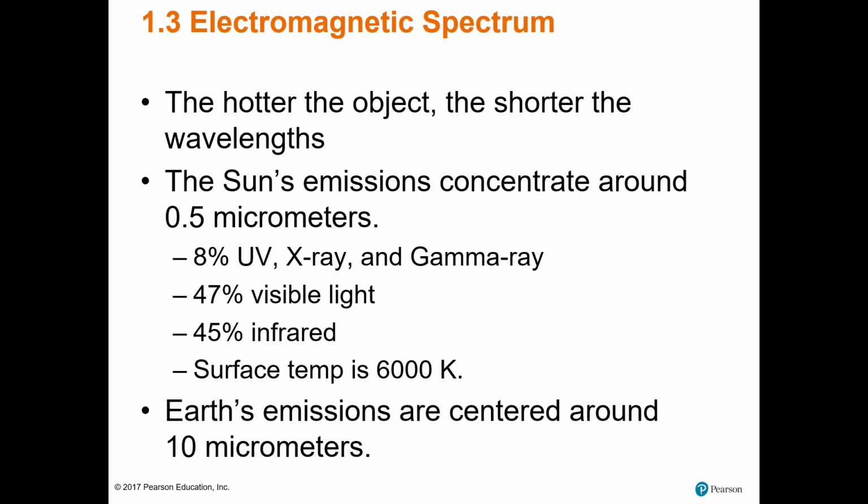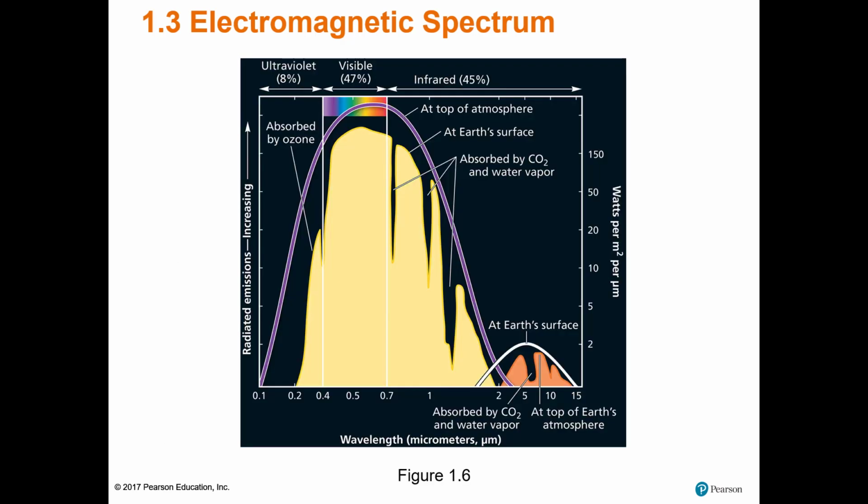So the hotter an object, the shorter the wavelength. The Sun's emissions concentrate around 0.5 micrometers, and 8% is made up of UV, X-ray, and gamma ray, 47% is visible light, and 45% is infrared. The surface temperature of the Sun is 6,000 degrees Kelvin, and Earth's emissions are centered around 10 micrometers.